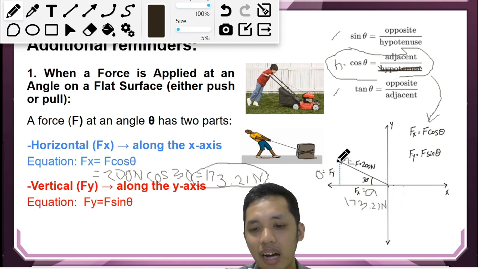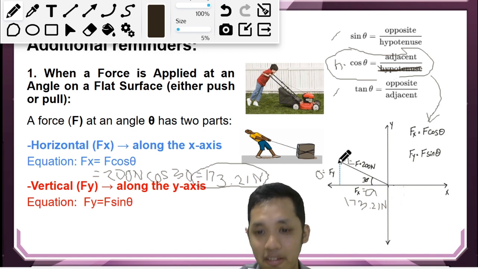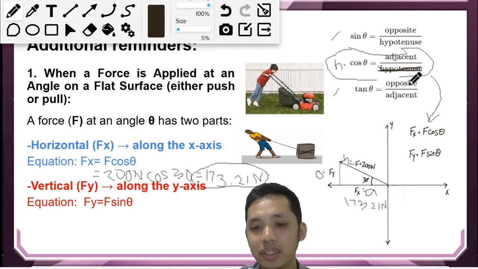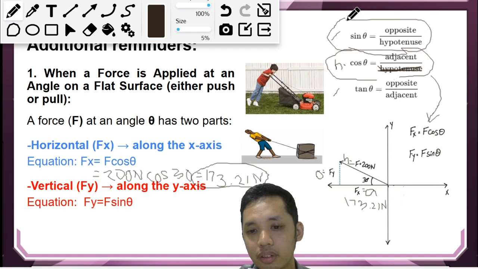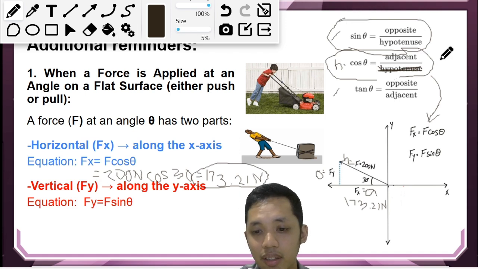So, we need to use a function that has the hypotenuse so that we can maximize the hypotenuse that we have. Between the two, the one that has the hypotenuse is the sine function. That is why we will be using that function.